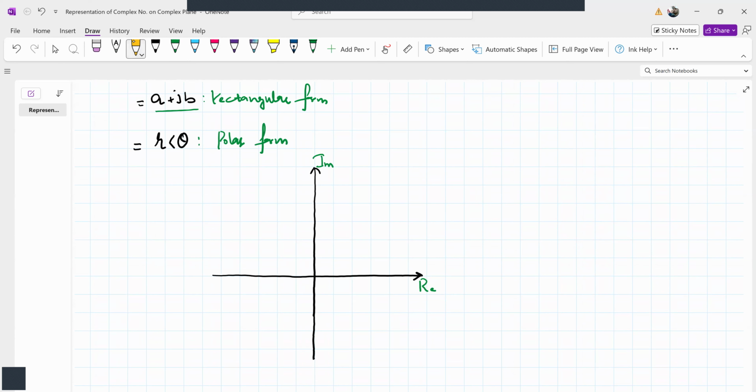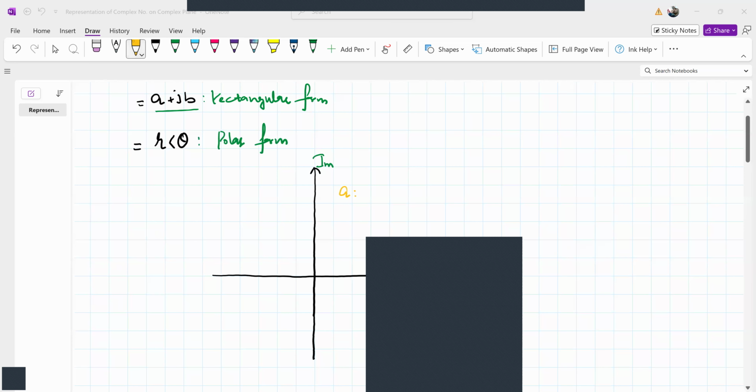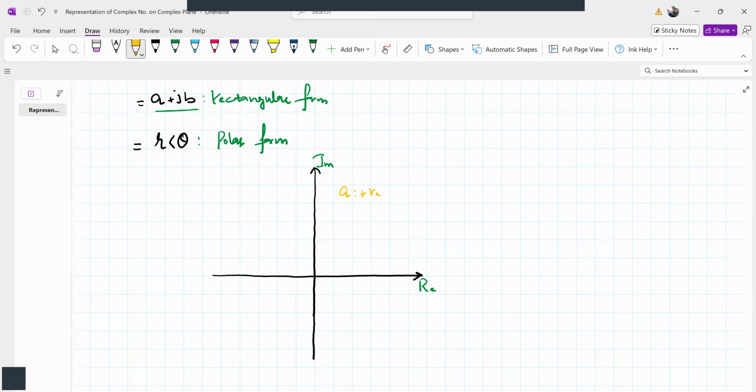For example, if a is positive and b is also positive, then the complex number will lie on this side of the complex plane. This is referred to as the first quadrant of the complex plane. So then complex number z will lie in the first quadrant.